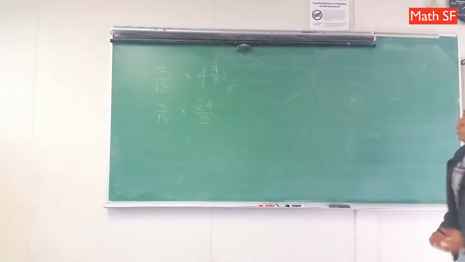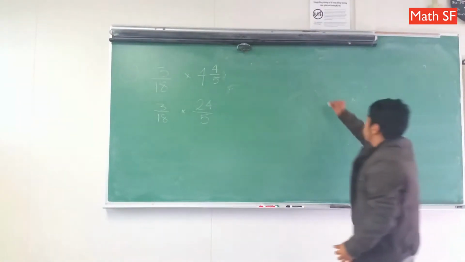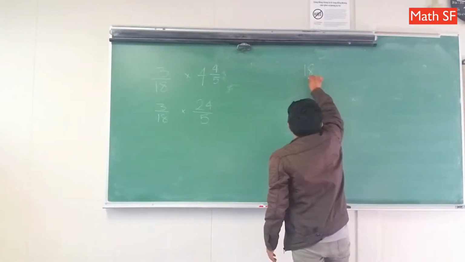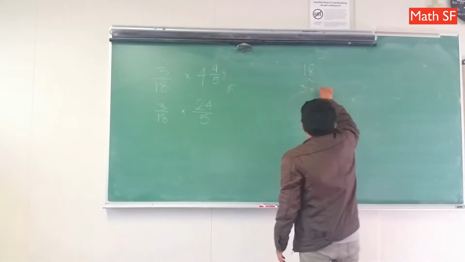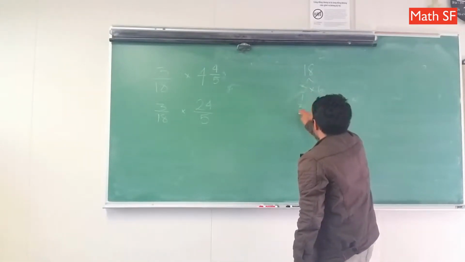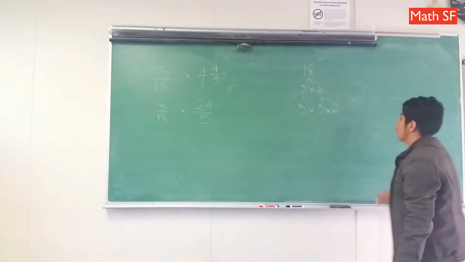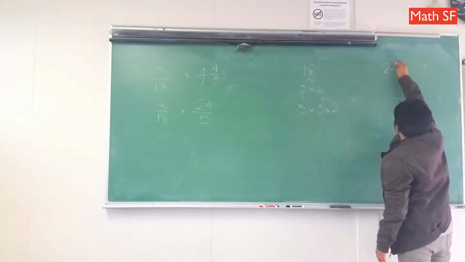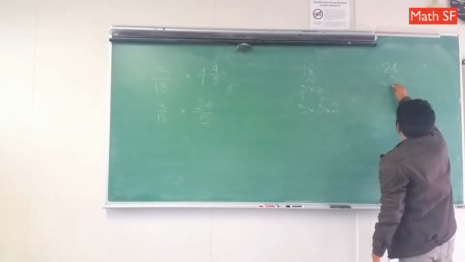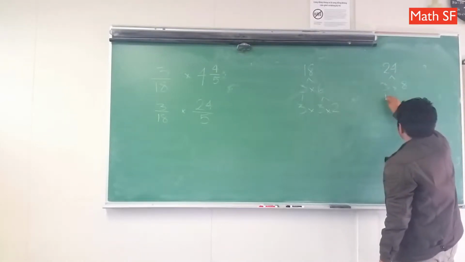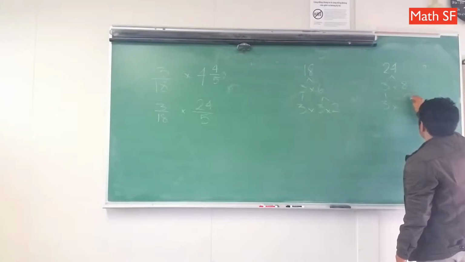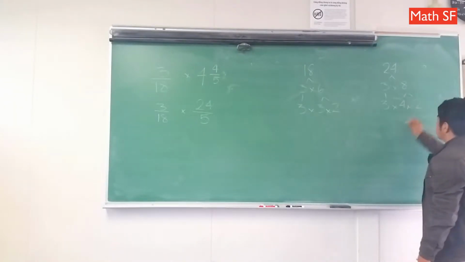Now, instead of writing that 18, I'm going to write 3 times 6. Instead of writing that 6, I'm going to write 3 times 2. Instead of writing that 24, I'm going to write 3 times 8. And this 8 itself is 4 times 2.